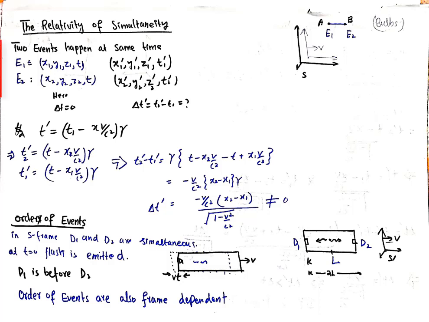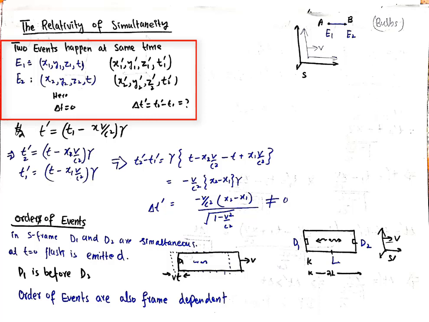So let us write the coordinates. Let's say the lighting of bulb A is the event E1 and the lighting of bulb B is the event E2. I can write the coordinates x1, y1, z1 for bulb A, and time t for the lighting of bulb A. Similarly for bulb B, I can write x2, y2, z2 and time t, because both of these events are happening at the same time, so they will have the same time.